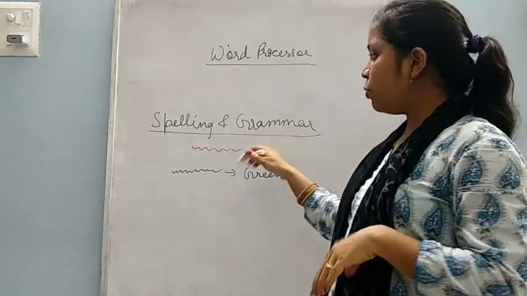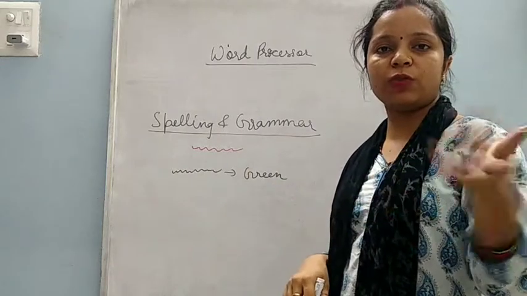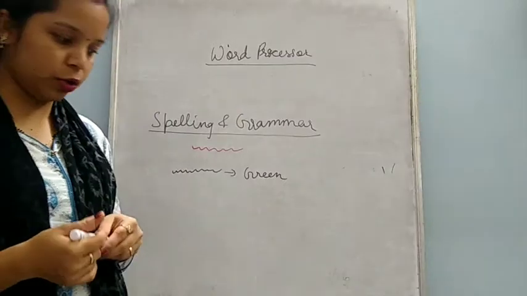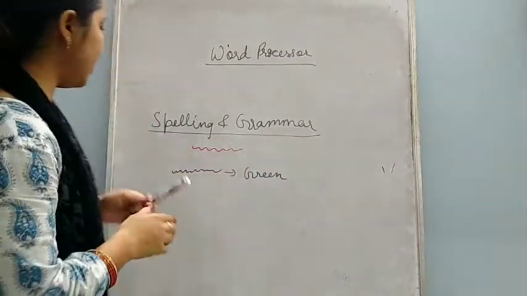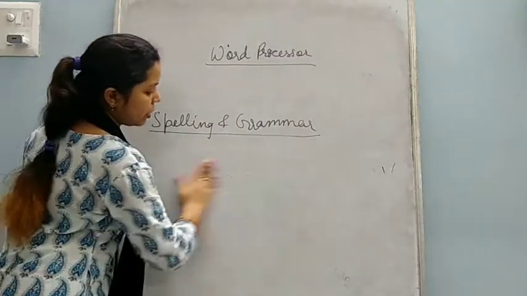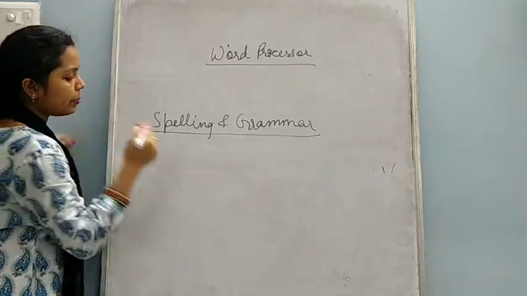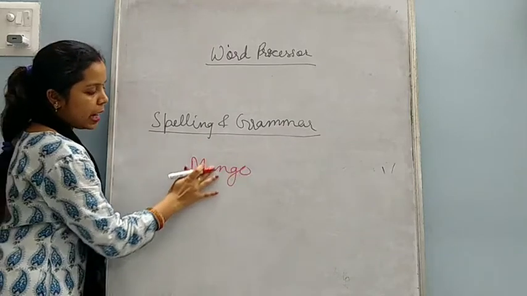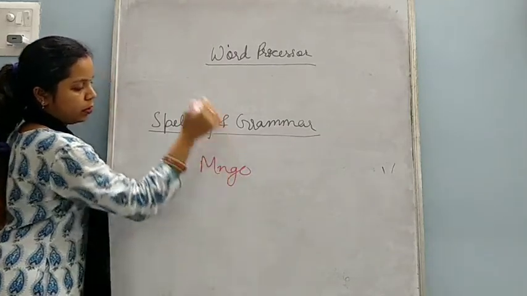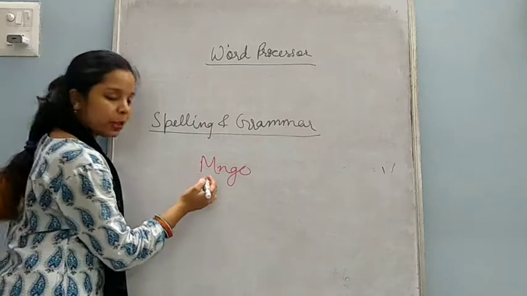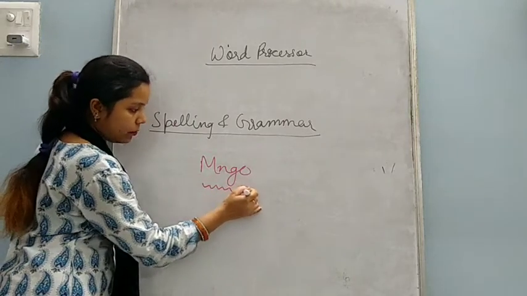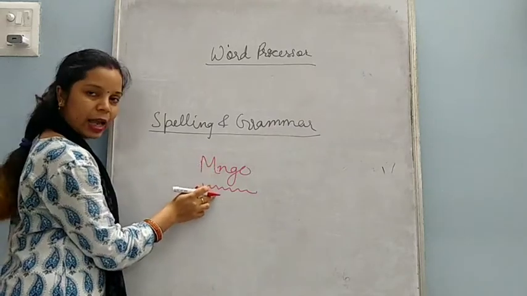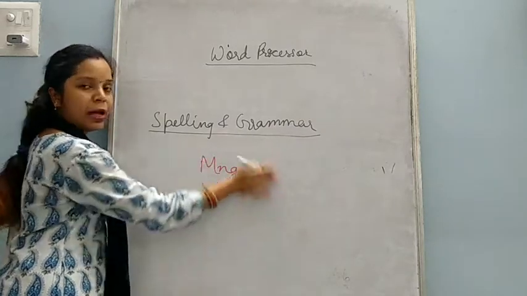In MS Word, when you right click on the word which is wrong, it will show you the correct options and you can choose the correct one. Suppose I am writing one word here, like mango, but I have written the spelling wrong, like this. MS Word will underline that word. If you see an underline under any word, it means that word has some mistake.